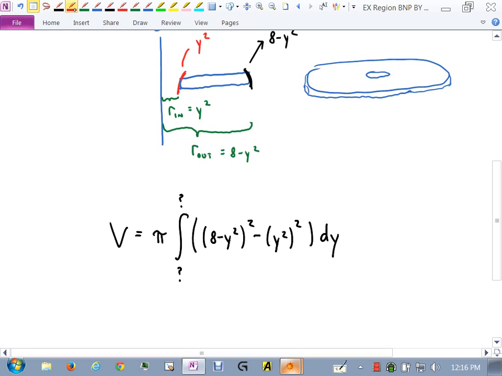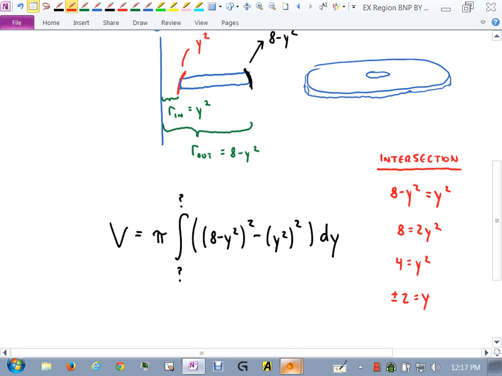Intersection. I set 8 minus y squared equal to y squared, which means 8 equals 2y squared, which means 4 equals y squared, which means positive or negative 2 equals y.